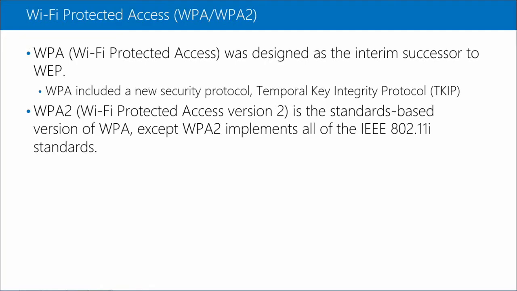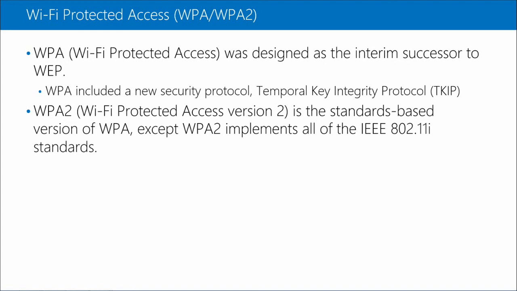WPA and WPA2, Wi-Fi Protected Access, was designed as an interim successor to WEP. It included a new security protocol, TKIP, Temporal Key Integrity Protocol. WPA2 is a standards-based version of WPA, except WPA2 implements all of the IEEE 802.11i standards.